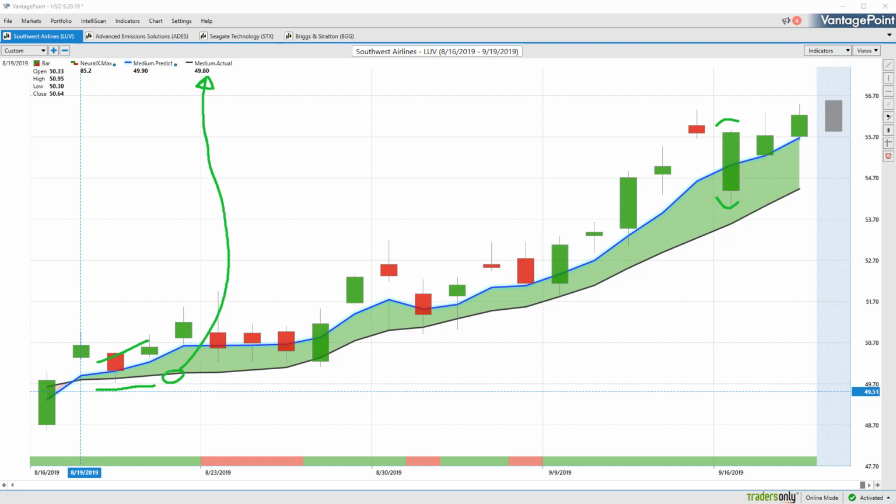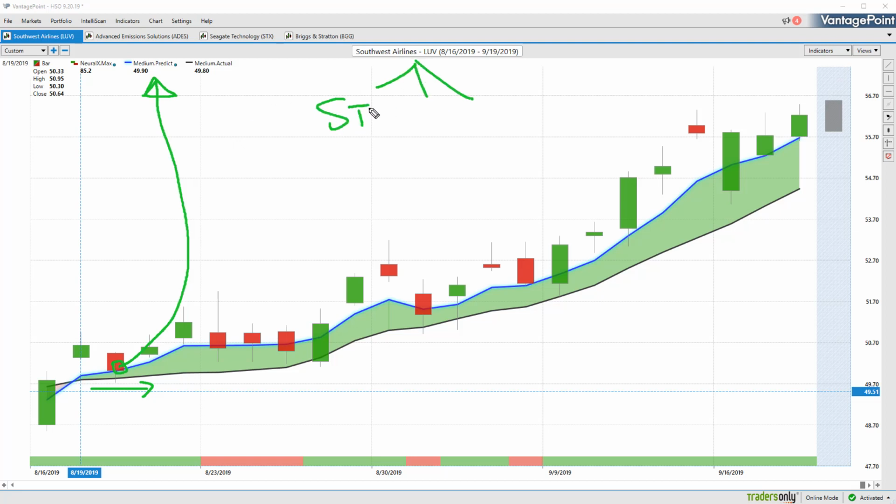But of course, as traders, we need to know where prices are moving going forward. So we want to compare that black value, the simple moving average, to this blue value on the chart. For that value to be generated, VantagePoint performs intermarket analysis using neural networks, a type of artificial intelligence, to understand how intermarkets, things like other related stocks, ETF groups, crude oil, the dollar index, and interest rates, affect and influence the future prices of Southwest Airlines.